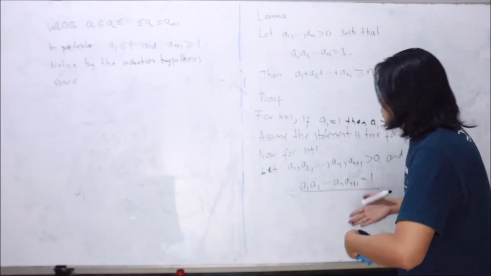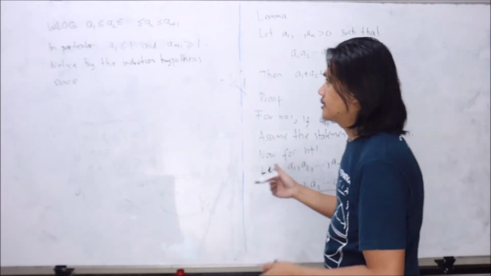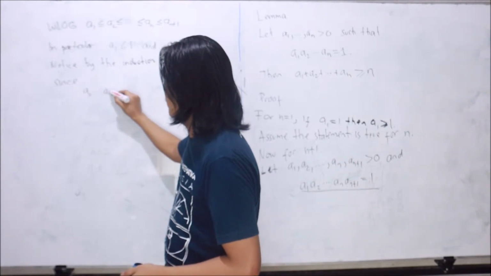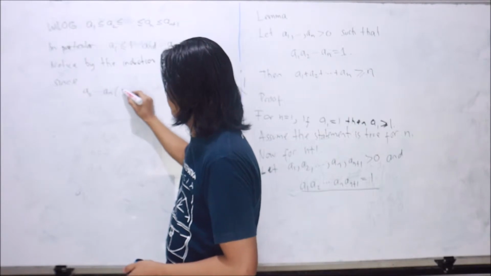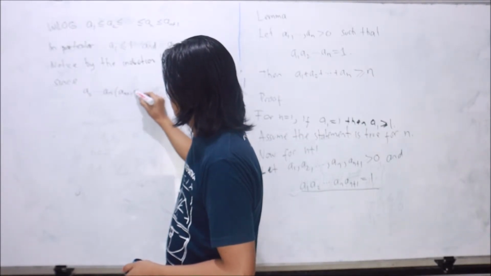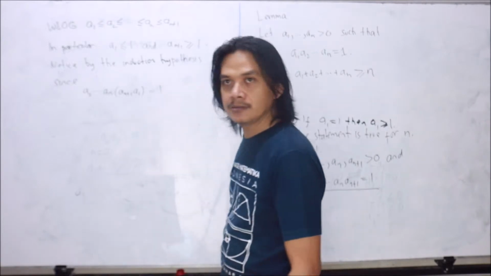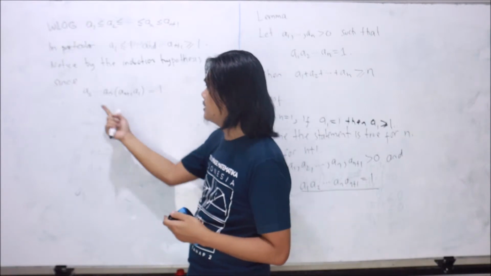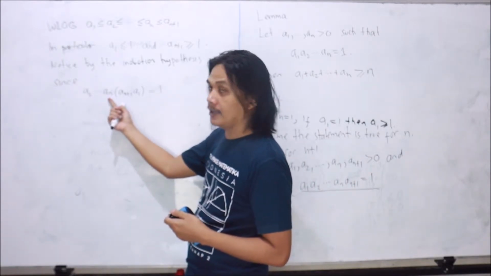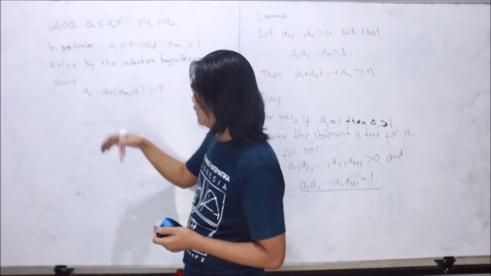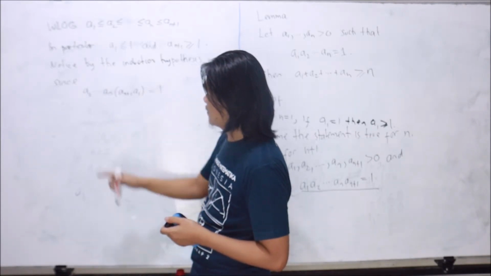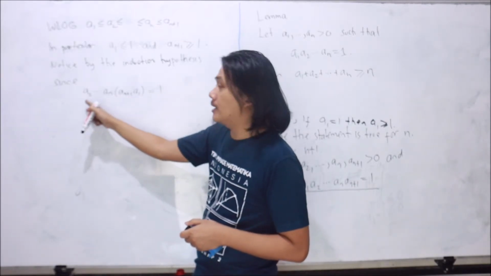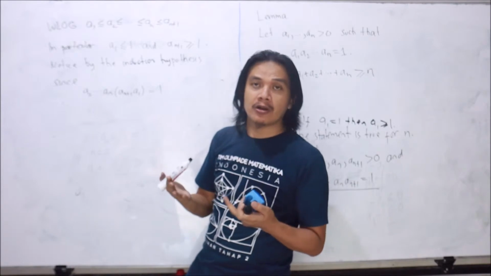So that we can use the induction hypothesis, since a2 up to an times an plus 1 times A1 is equal to 1. So here we think of this product as the product of n numbers, namely a2, a3 up to an. There are how many of them? n minus 1 of them, and then we multiply by one more. So we can think of this as a product of n numbers.